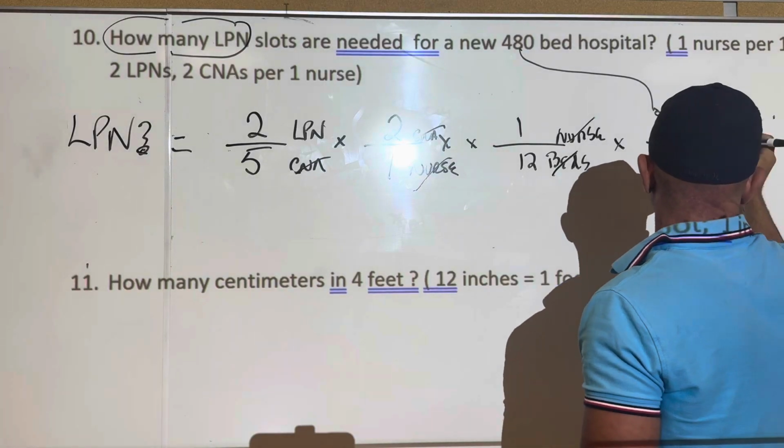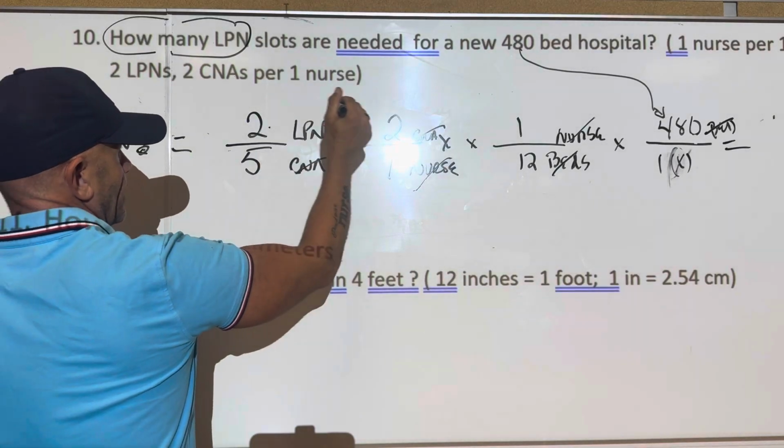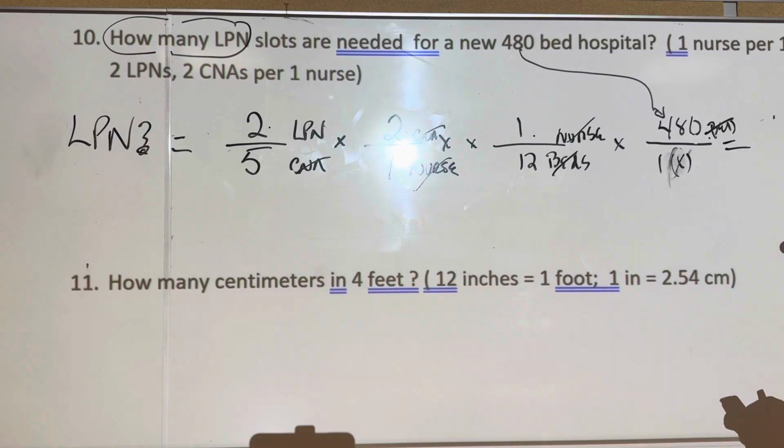Then what do we do next? 2 times 2 times 1 times 480. So that would be what? 2 times 2 times 1 times 480 equals 1,920.